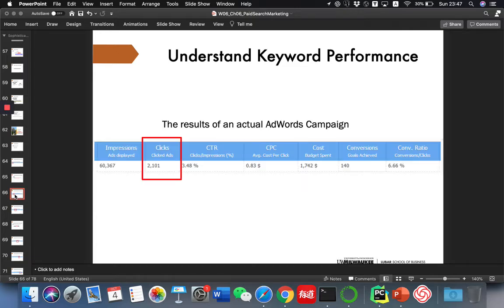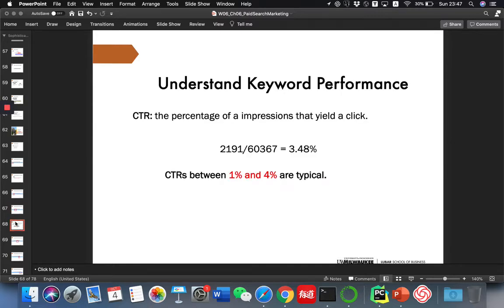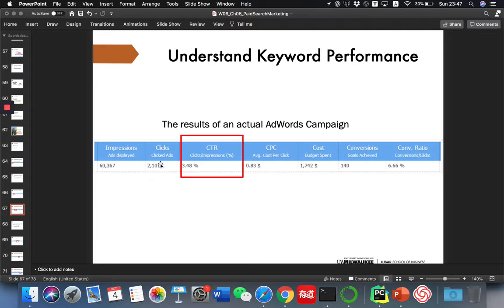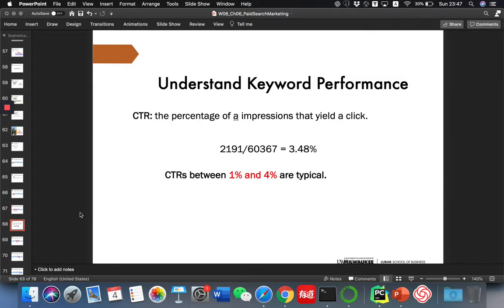And clicks are clear by themselves, right? How many viewers click on the ad.